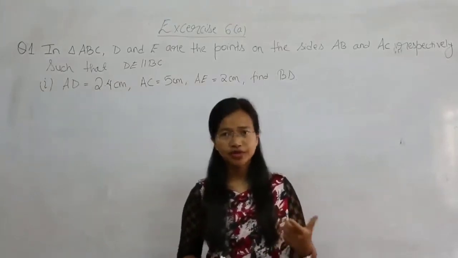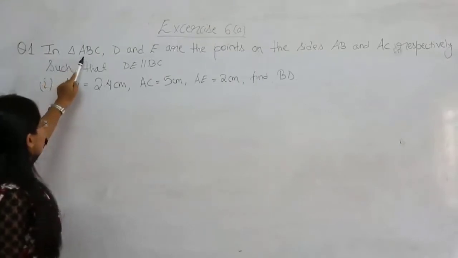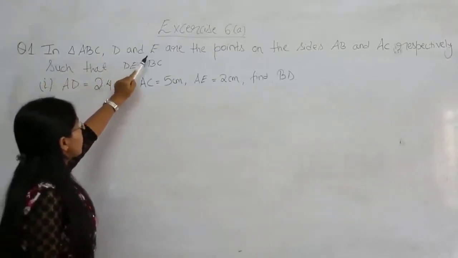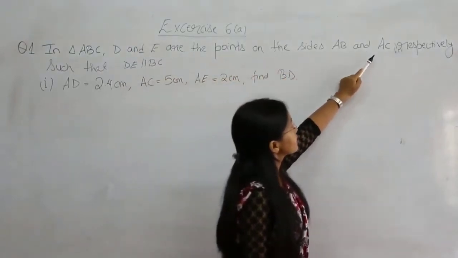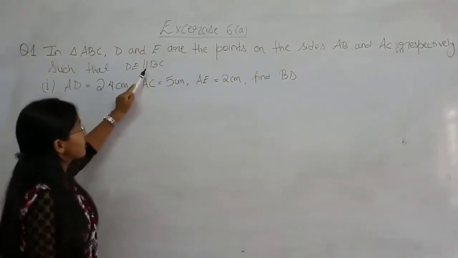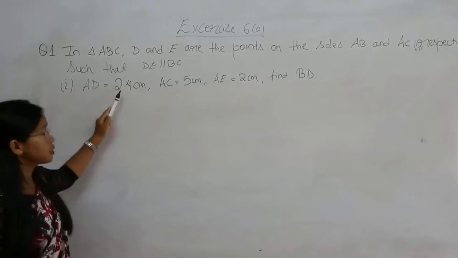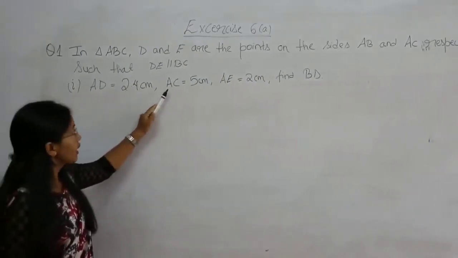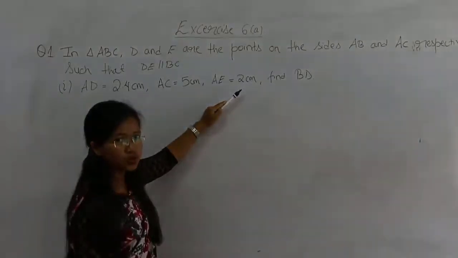So the question states like this. In triangle ABC, D and E are points on the sides AB and AC respectively, such that DE is parallel to BC. We have AD equal to 2.4 cm, AC equal to 5 cm, AE equal to 2 cm.